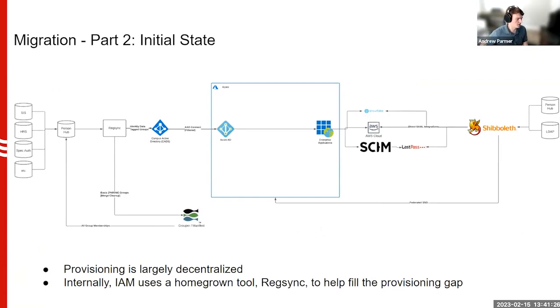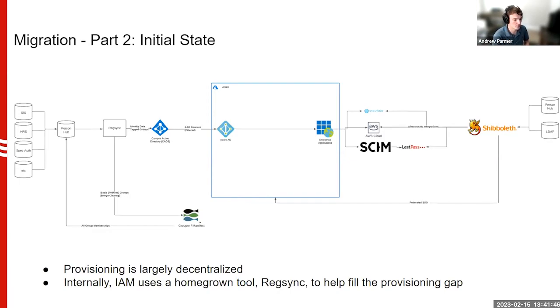As Oaks and Abrianna mentioned, the eligibility front is largely decentralized, and the same is true on the provisioning front. The Office 365 service owner handles provisioning for Office 365, same with Zoom and many other services. The same can be said about IAM.